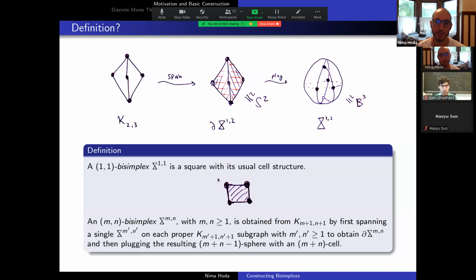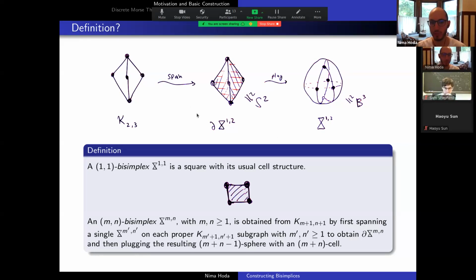In general, an m-n bisimplex with m and n at least 1 is obtained by starting with a K_{m+1,n+1} complete bipartite graph, and then spanning a bisimplex on each proper complete bipartite subgraph having at least two vertices in each part.